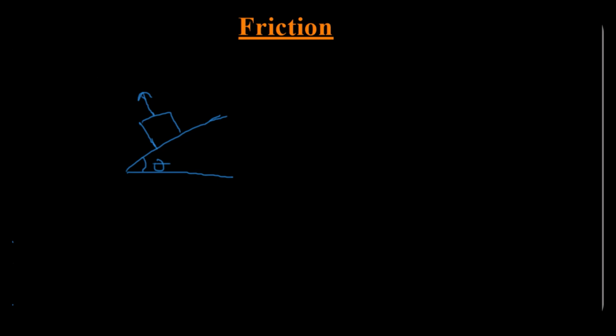Let me try to remove this. All right, so now I have my weight pointing downwards in this direction. Let me call this mg. All right, so now I can call this angle theta.